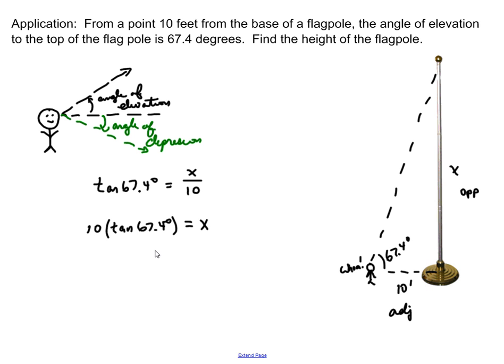So we would write 24.02. That's the value for x, but we probably want to round to the nearest whole foot because we're really just using this as an estimate. So we'd say approximately 24 feet high as the height of our flagpole. So there we go.